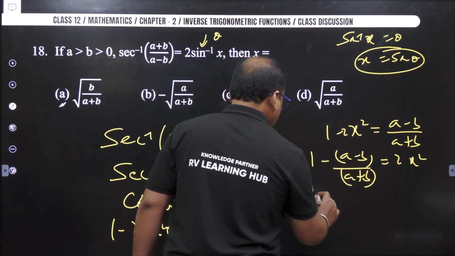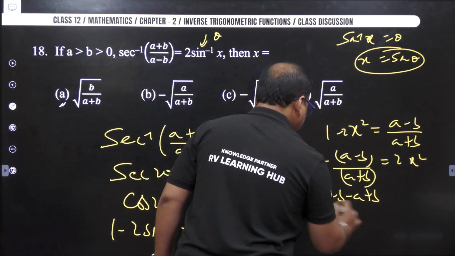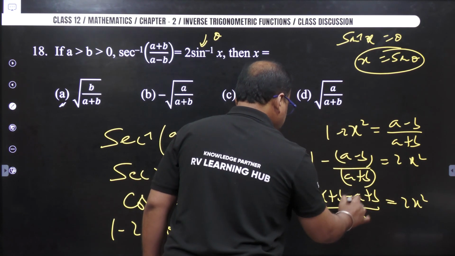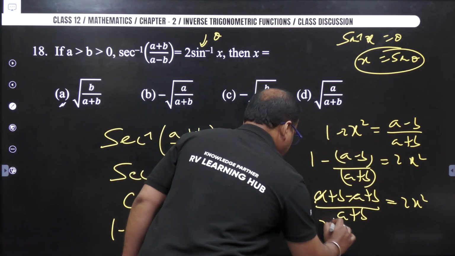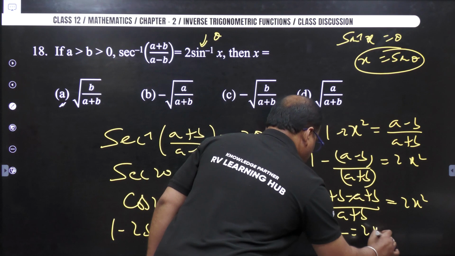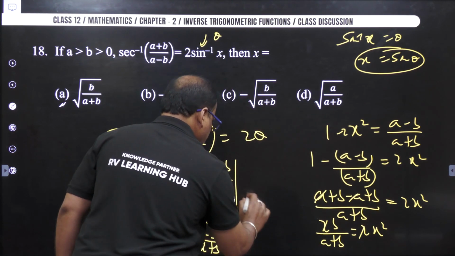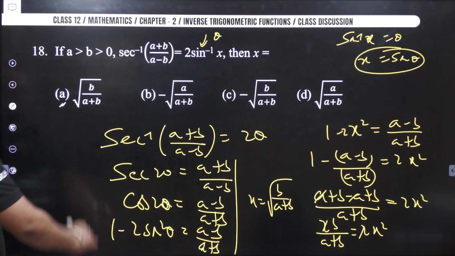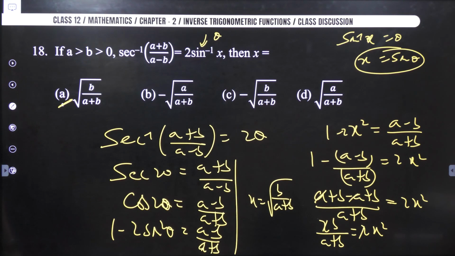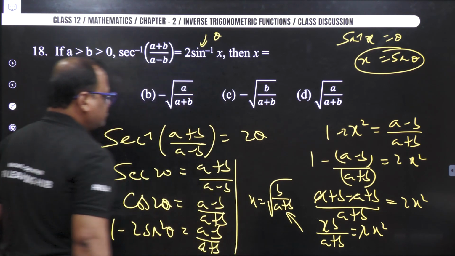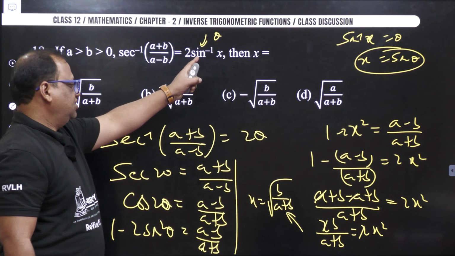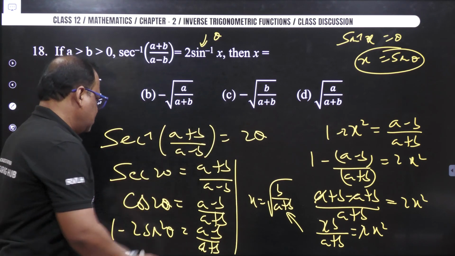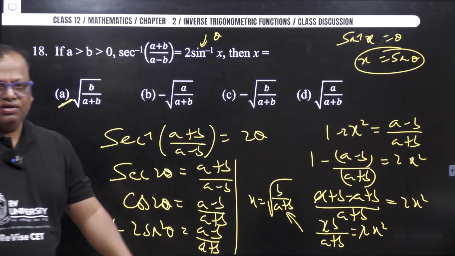So this will give me a plus b minus a plus b, so 2b, so x equal to square root of b divided by a plus b. Okay, look at this. By taking this value as theta, sin inverse of x equal to theta, x equal to sin theta. So this will become 2 theta, secant 2 theta is this, cos 2 theta is the reciprocal, and continue.